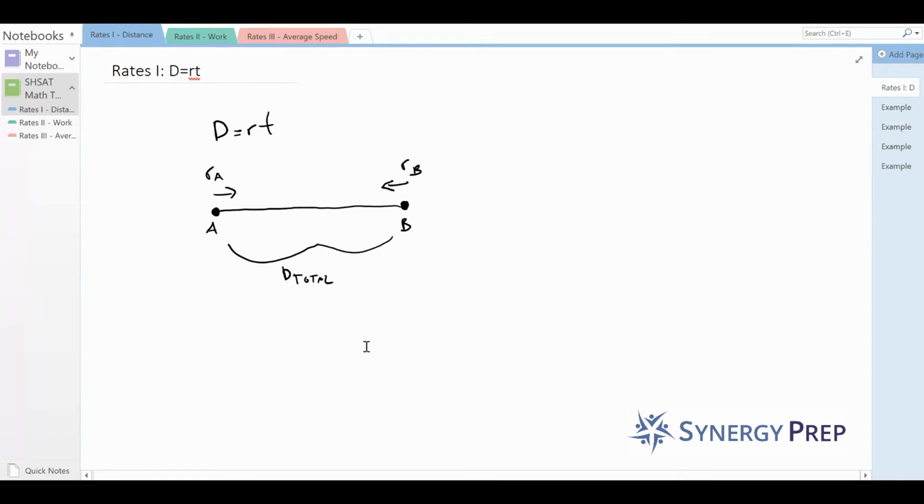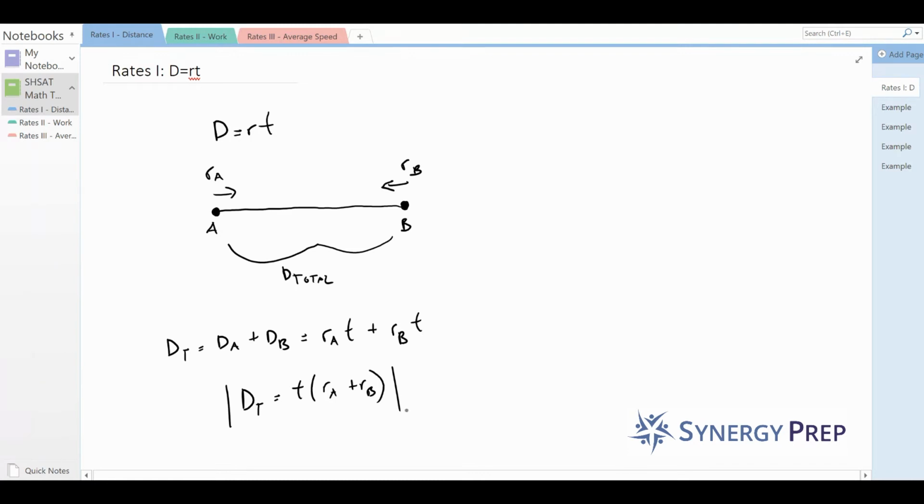So the equation that we'll have is, of course, the total distance will be equal to the distance of A plus the distance of B. Using the equation that we had, distance of A is equal to rate A times time. Distance of B is rate B times time. So the equation for two objects coming toward each other will be the total distance is equal to t times (RA plus RB).